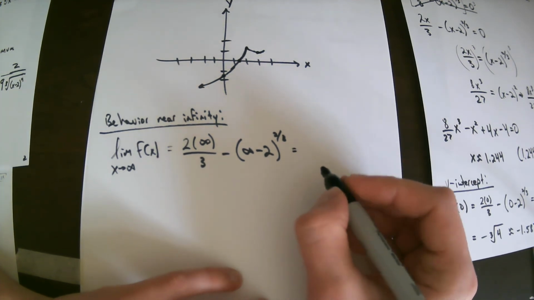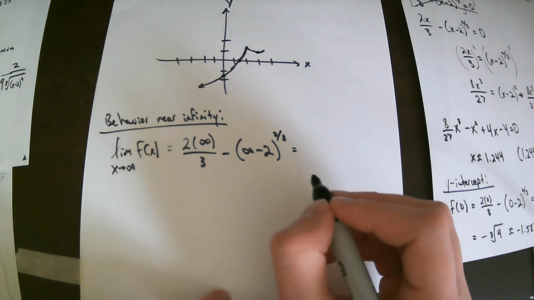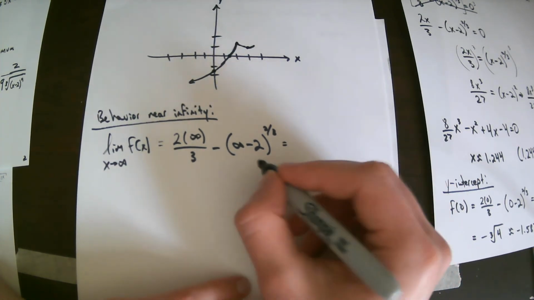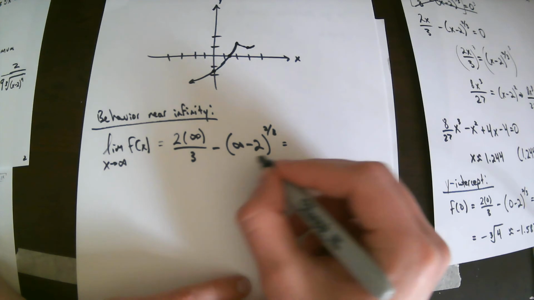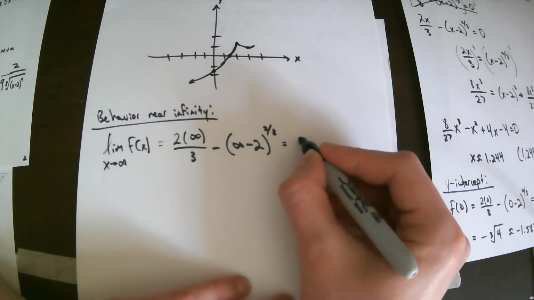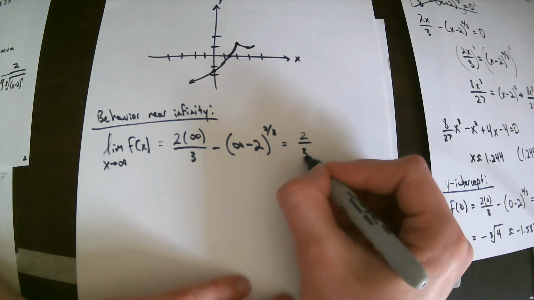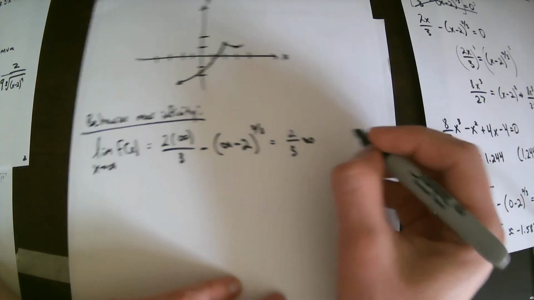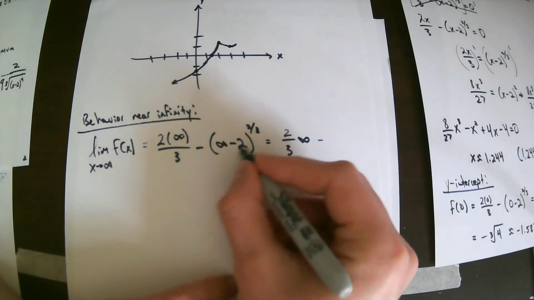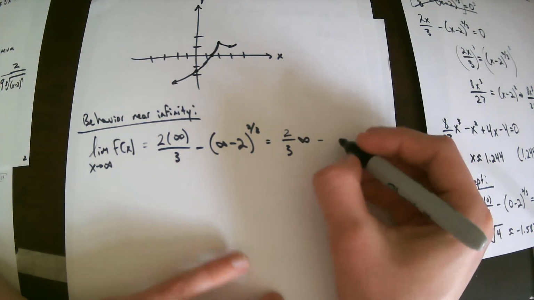Well, we would have two times 2/3 of infinity. Yeah, this is going to get a little weird. 2/3 of infinity minus this 2 in here isn't really going to matter that much.